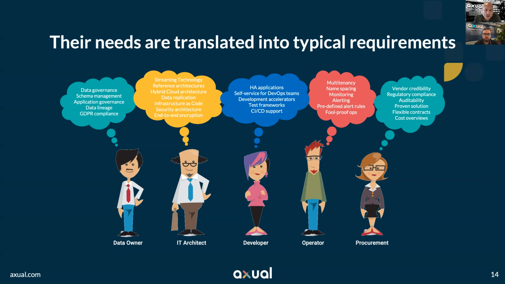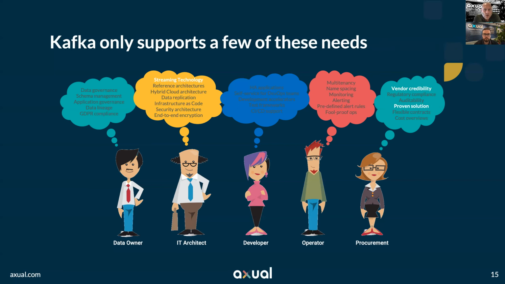Developers would be looking for CI/CD, for self-service, etc. Now, if you then map what Kafka offers you out of the box, it's not that much because Kafka is really the streaming engine. It takes care of the data movement, but it doesn't necessarily take care of all these enterprise features on top.